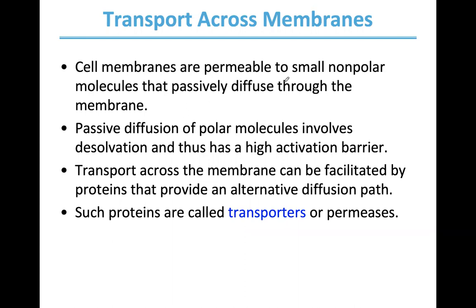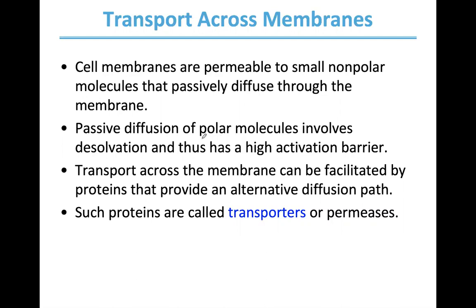So cell membranes are permeable to small non-polar molecules that passively diffuse. Passive diffusion of polar molecules involves desolvation. What that means is that if you have a polar molecule in an aqueous medium, it will be hydrated.